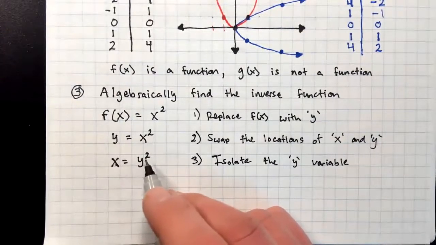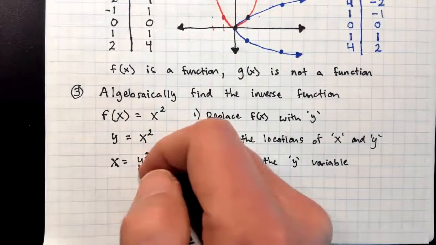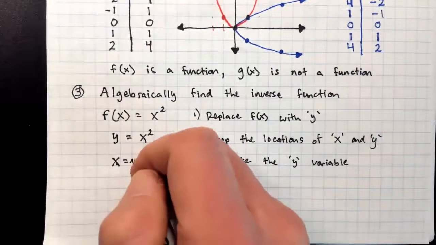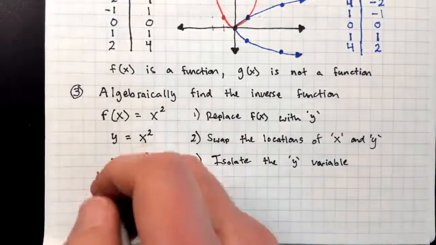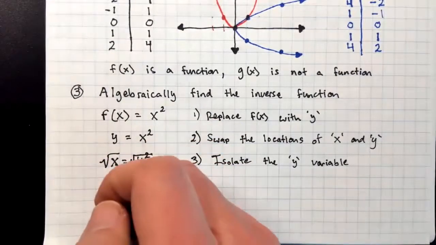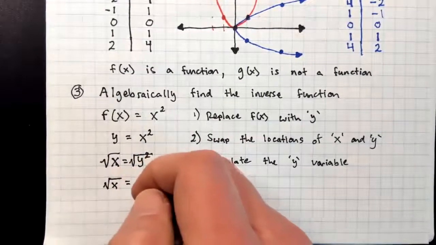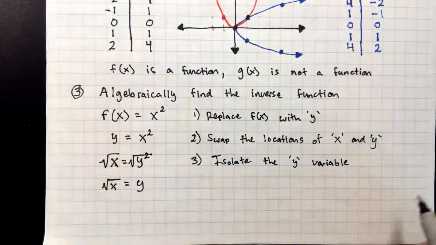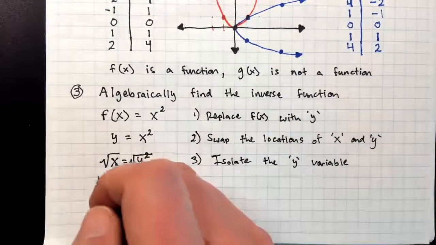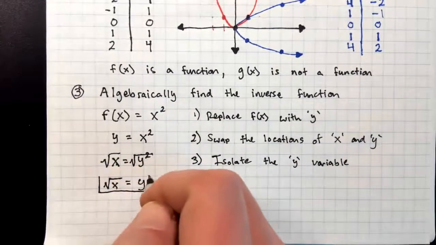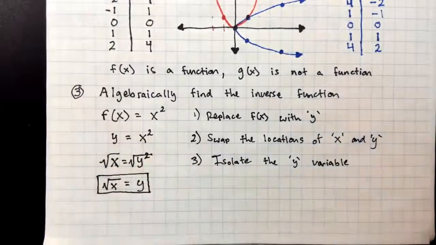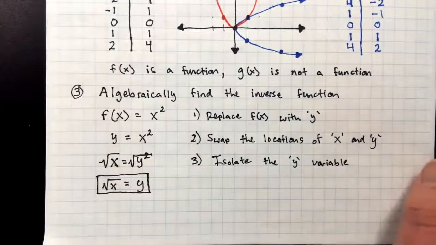Hey, any of you guys know how to get rid of the y squared? Square root it. The opposite of a square is a square root. There we go. There's our inverse function. Square root of x is equal to y.